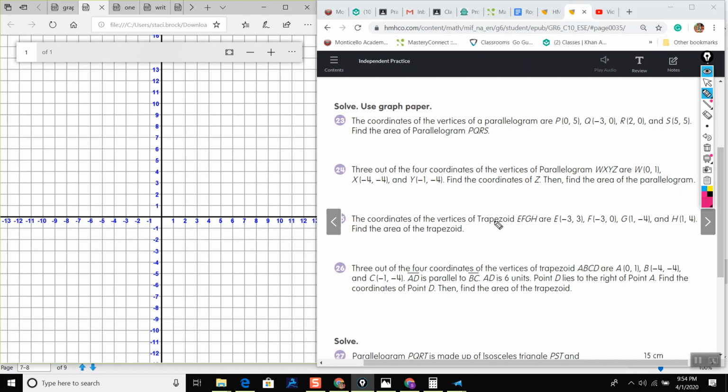The coordinates of the vertices of a trapezoid, here's its identification, E, F, G, H, and there's your points. Find the area. Okay, so let's plot these points. E is -3 and 3. There's our E. F is -3 and 0, so this is F. G is 1 and -4.